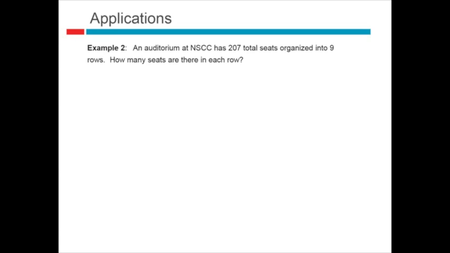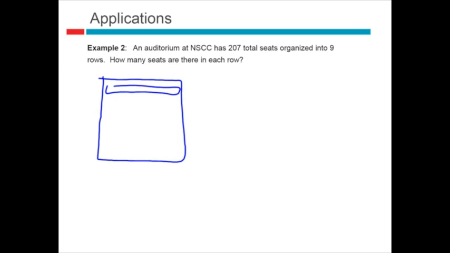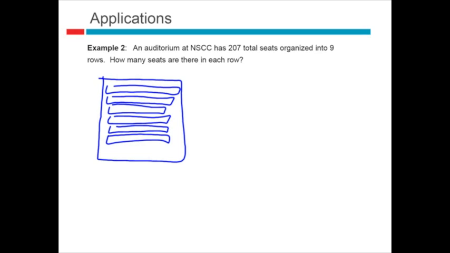So let's draw a picture to help us out here. This will be our auditorium, and we're going to have 9 rows. 1, 2, 3, 4, 5, 6, 7. Looks like I ran out of space here.